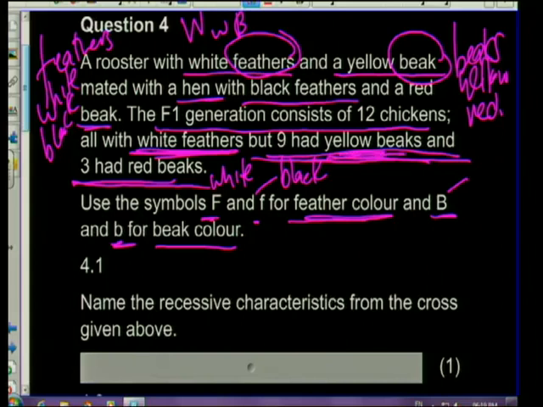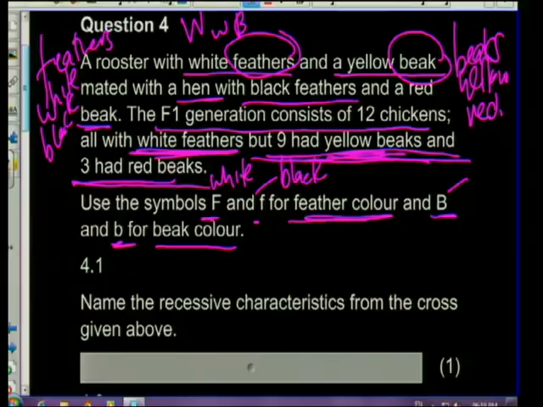And if you know your dihybrid cross, when we cross those things and we get 9:3:3:1, that means 9 would be of the dominant and the dominant, dominant feather color and dominant beak color. So yellow beaks would be dominant, and the 3 that had red beaks are the recessive.